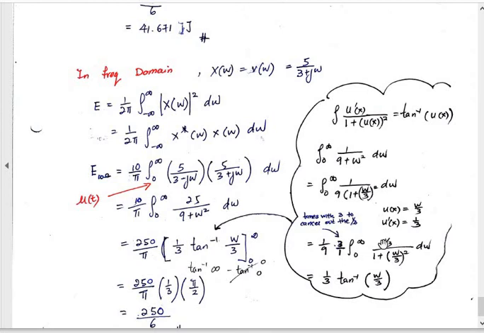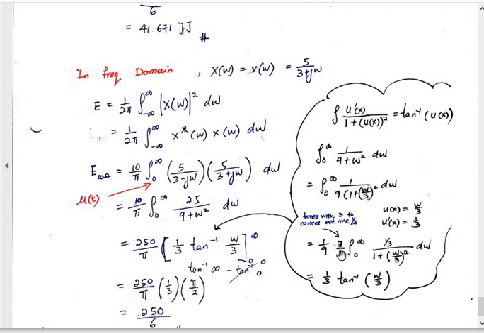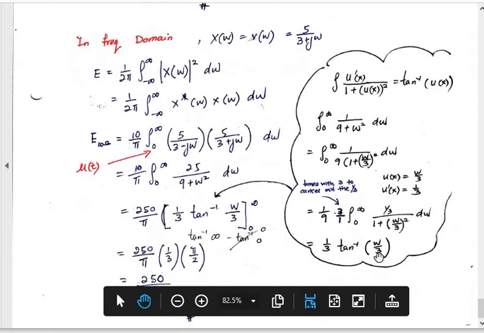After you substitute, you get 1 over 3, so you need to multiply with 3 to cancel the 1 over 3, because you want to remain the same value. At the end, you will get 1 over 3 inverse tangent of omega over 3. Then you substitute the values 0 and infinity, and you get the answer.